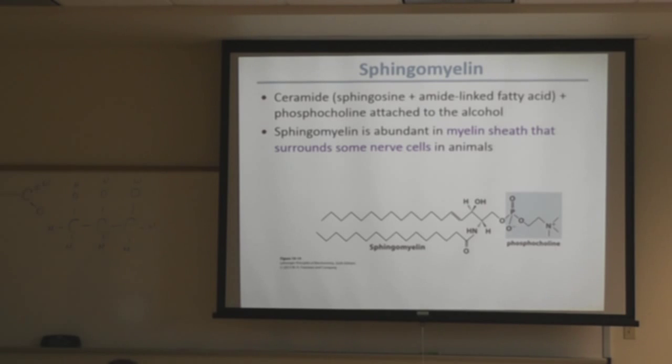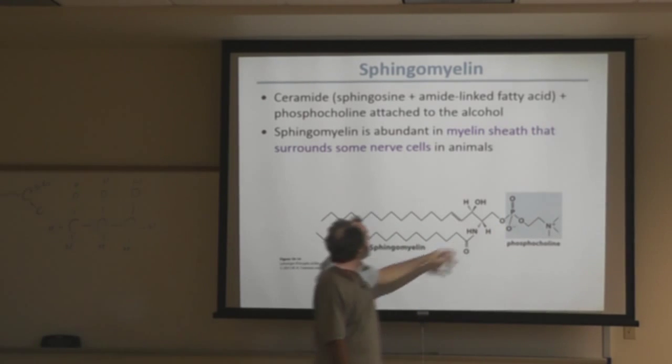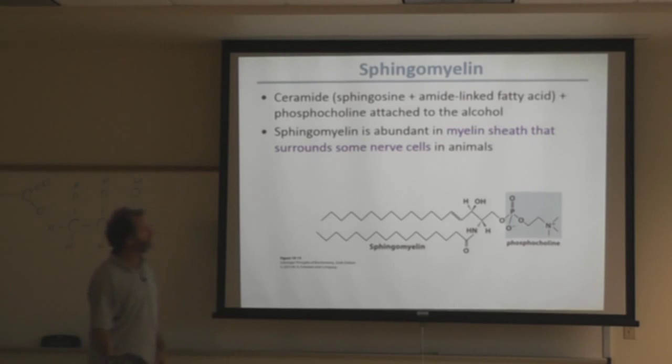But ceramide, like I just said, is basically a sphingosine and an amide-linked fatty acid, the sphingosine without a head group. That's ceramide. You put phosphocholine on it, and you have sphingomyelin, which, like I had just said, is found in the myelin sheath in the nerve cells.